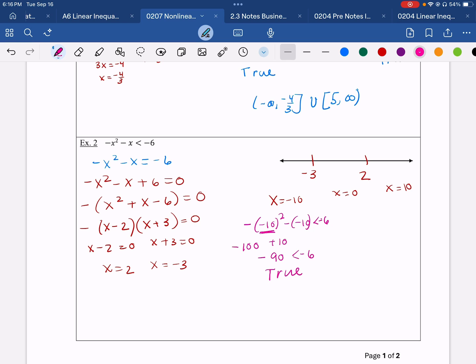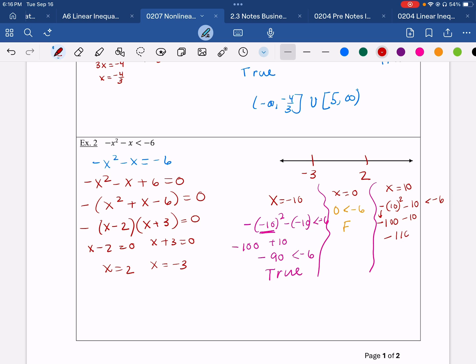Plug in 0. Wherever there's an x, it's 0, so everything on the left is 0. Is that less than negative 6? Oh, no, it's not. That's false. Plug in 10. Negative parentheses 10 squared minus 10. Is that less than negative 6? It's negative 100 because the negative came down, minus 10.